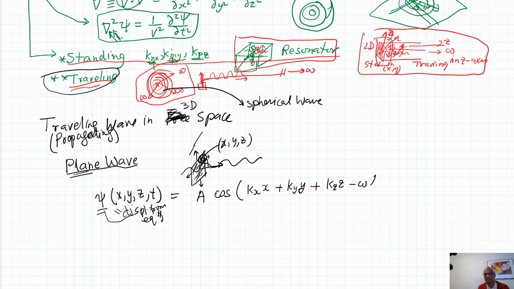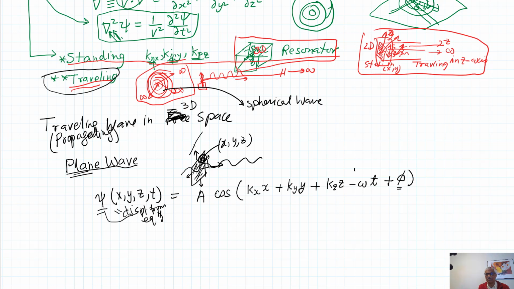Minus omega t, and there will be a phase constant, which is unimportant if you have just one wave, but if you have multiple waves, then their relative phase constants are important. If you're just one wave, you can absorb this in the choice of t.